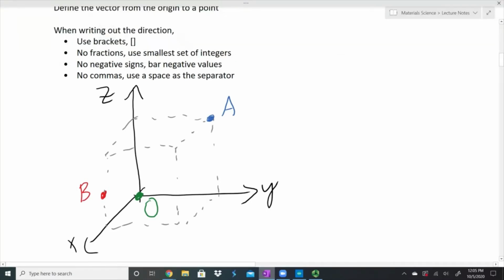So we have a negative number here, I'm going to actually say let's start at A and go back to the origin. If we're starting at A and going back to the origin, I want to be able to describe this vector.